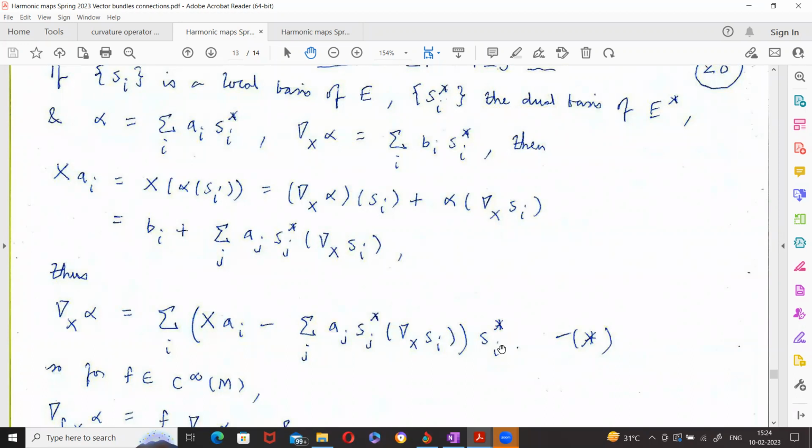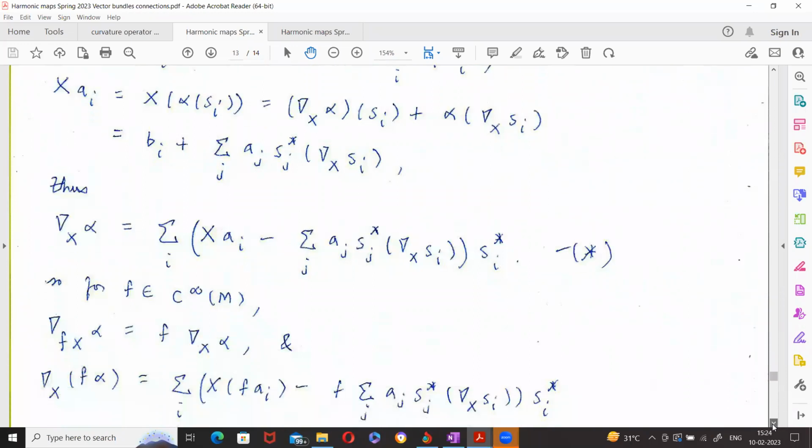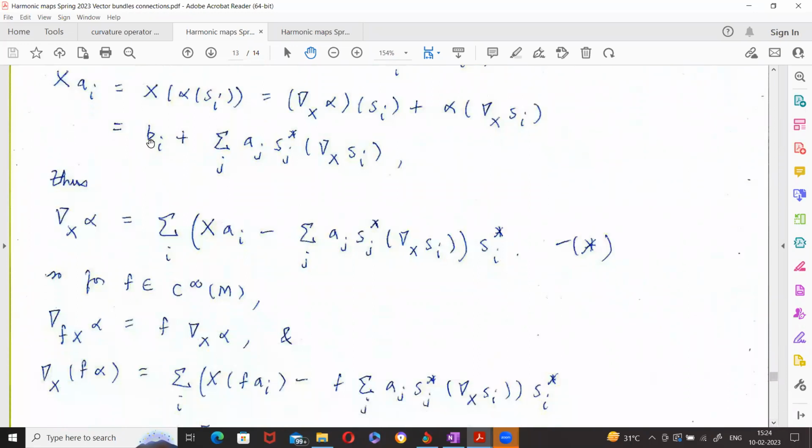Is this clear? I just solve for the B_i's here. I just solve for what the B_i's should be. The B_i's have to be given by this formula.